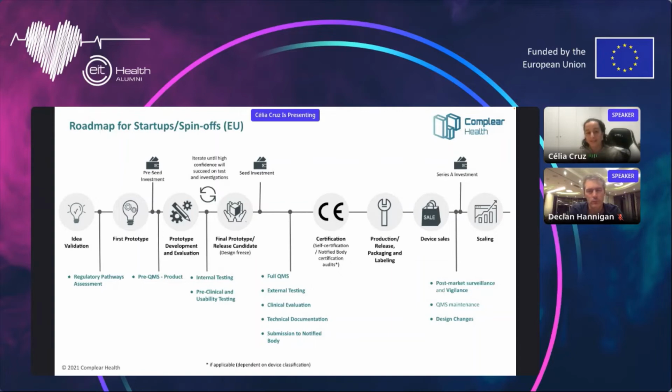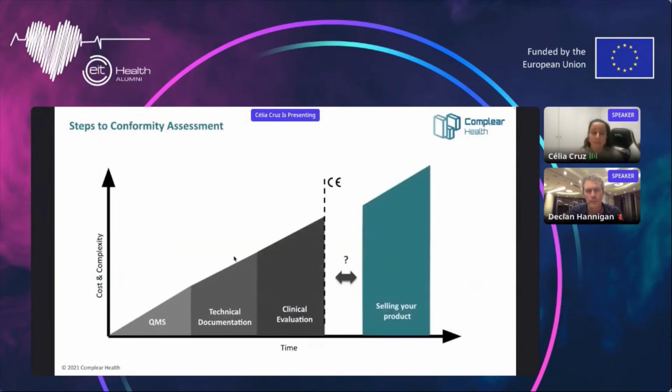If you start preparing this too late, you may be facing the need to redo some tests, redo some clinical investigations, even redo the product if needed, which may imply not only a longer time to market but also more cost. As we all know, for small companies, this can really be an issue. The quality management system, the technical documentation, and clinical evaluation are the main areas where you need to focus the most, and they have different levels of cost and complexity.